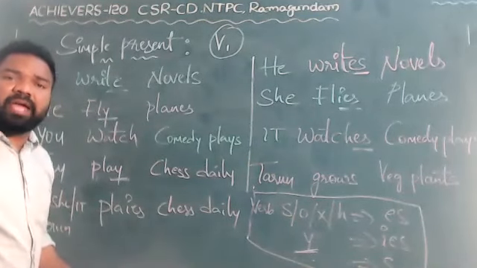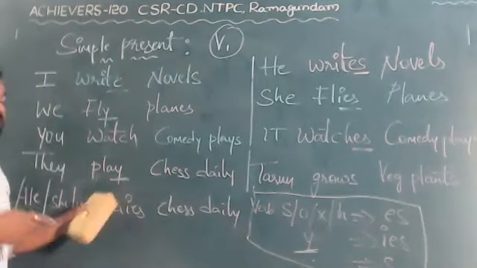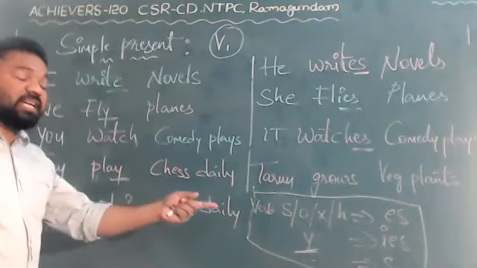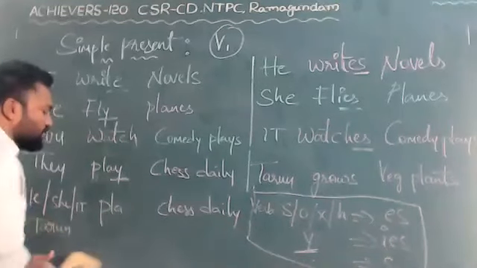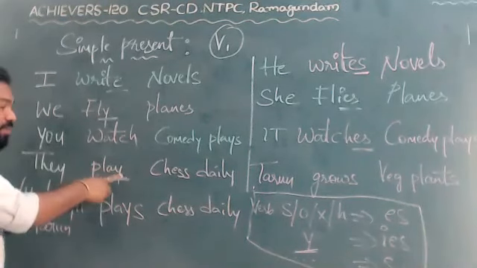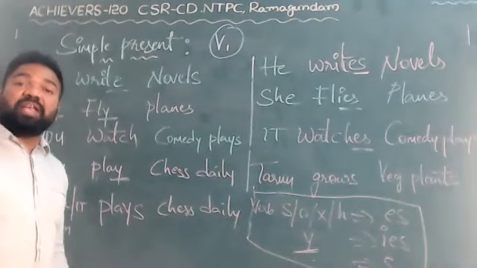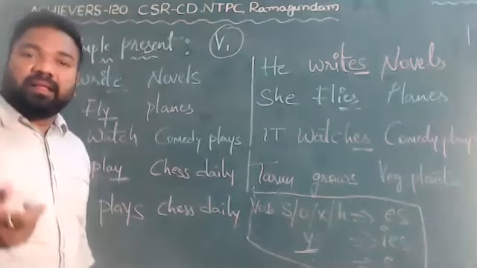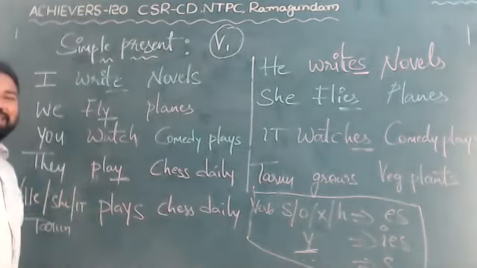In rare and particularly this kind of examples, why you shouldn't take that rule into this sentence? Because students, you can see here a before y, which is a vowel. When a vowel precedes the letter y which ends the verb, we shouldn't use ies.